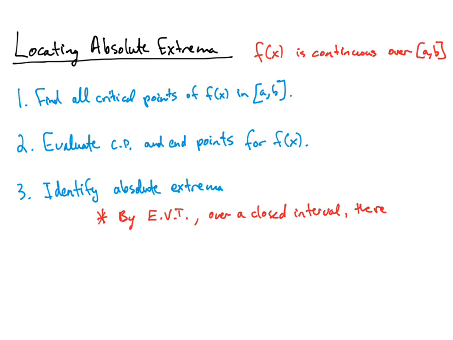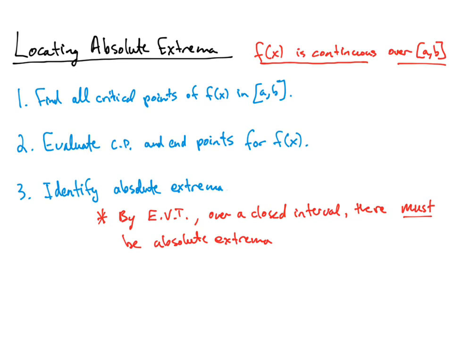I have a hard time saying that sometimes. So over a closed interval, there must be absolute extrema. So we're guaranteed by the extreme value theorem to have an absolute maximum value and an absolute minimum value if the function is continuous and we have a closed interval.